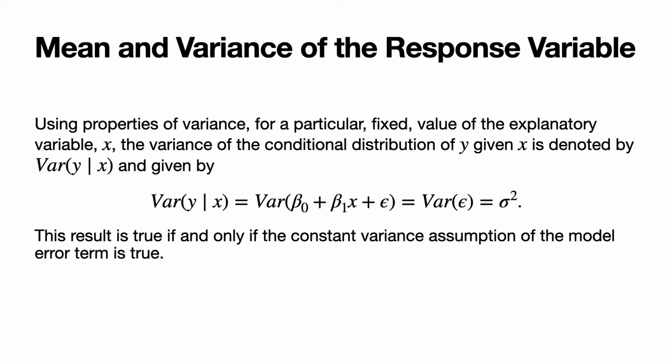And so that is equal to the variance of beta 0 plus beta 1 times x plus epsilon. And again, using properties of variance, that's just equal to the variance of the error term, which is denoted by sigma squared. Now again, this result is true if and only if the constant variance assumption of the model error term is true.